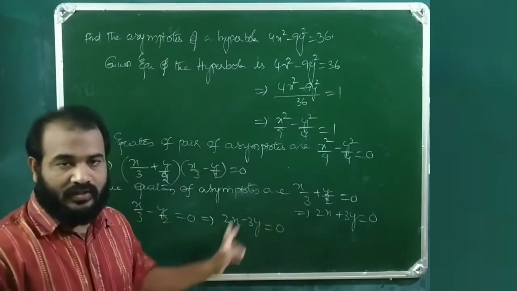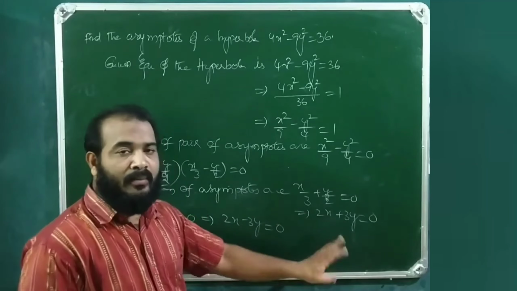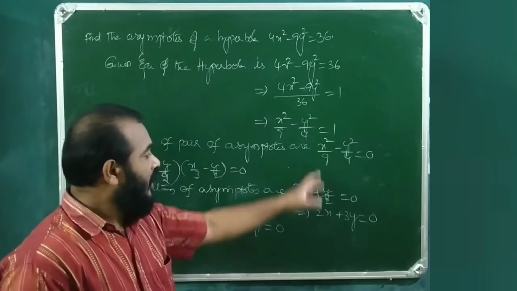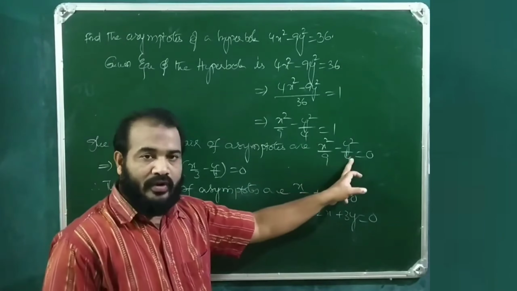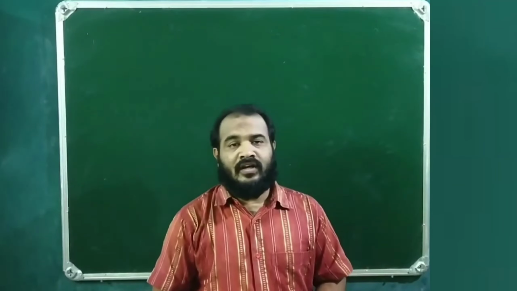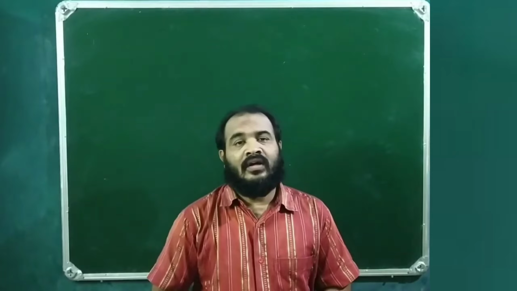So these two are the equations of the asymptotes. The combined equation of the pair of asymptotes is x square by 9 minus y square by 4 equals to 0.